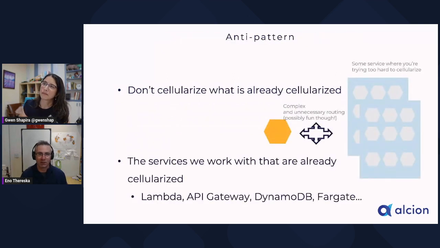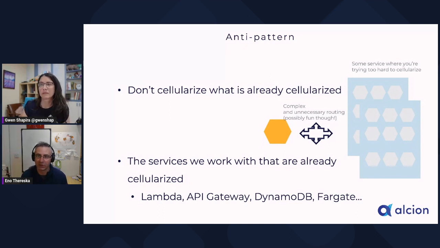And finally, an anti-pattern: don't cellularize what's already cellularized. I alluded to this. Here is an example where there is some service where you're trying too hard to cellularize. You have potentially created, say, multiple Fargate clusters, which is okay. But then you're calling different endpoints, and you have some complex routing, which is possibly a lot of fun, but probably unnecessary.